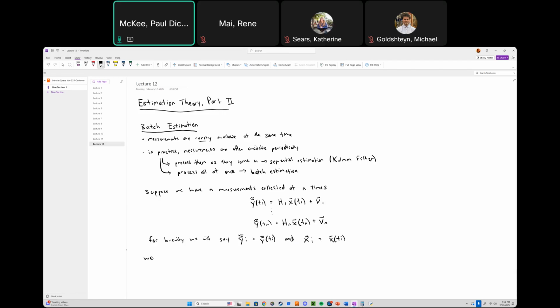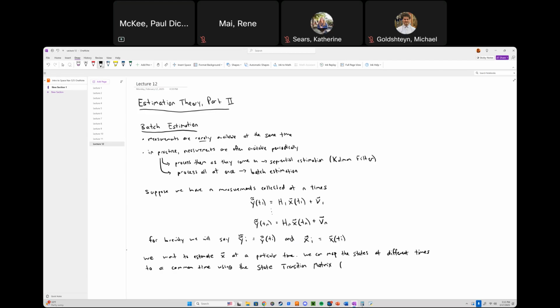We want to estimate the state at a particular time. We can map states at different times to a common time using the word of the day, the state transition matrix, STM.